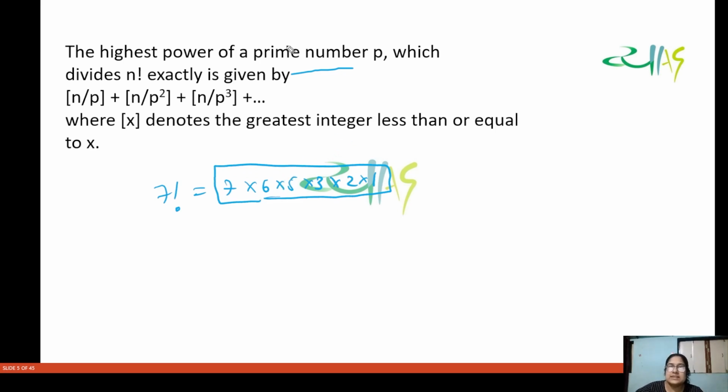Now the highest power of a prime number p which divides factorial n exactly is given by this formula. Just look at the application of this formula and you will understand what I am saying. So for example, I have to find the highest power of 3 in factorial 7. You can obviously see it is 3 square, but can I use this formula and find out? Let's just see.